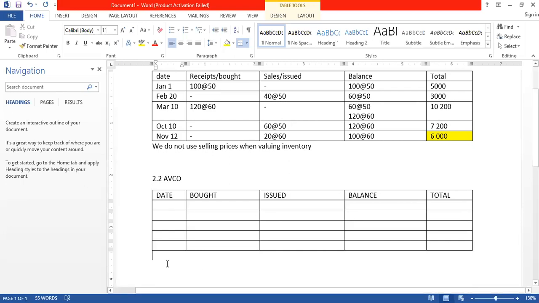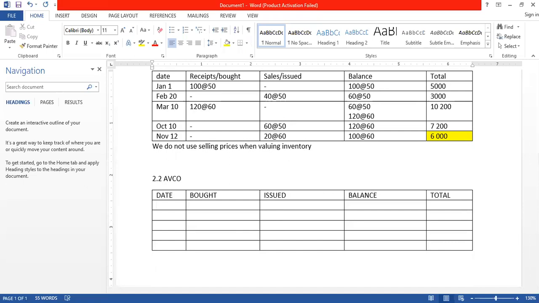So how do we calculate our average cost?